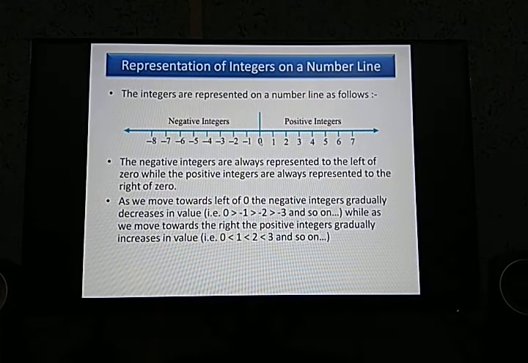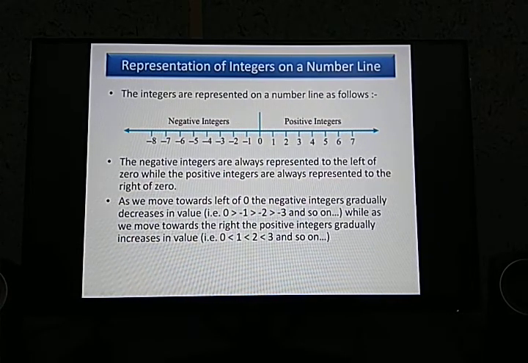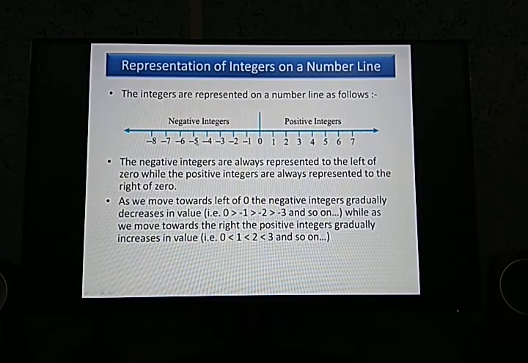That means all these negative integers start from the left hand side of 0, and as we go on towards the left, we see that the value of that digit decreases. That means 0 is as it is. Then we move to the left, that is -1. Then again to the left -2. Then again to the left -3. Again to the left -4.